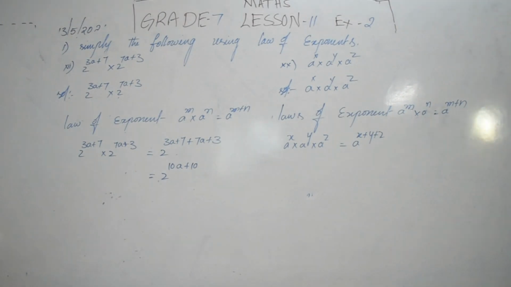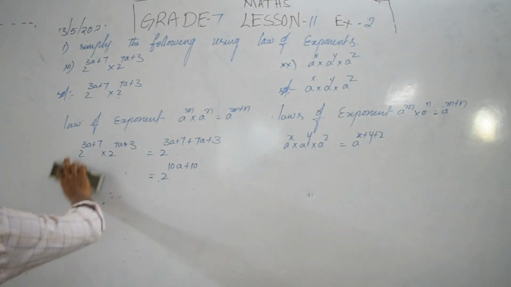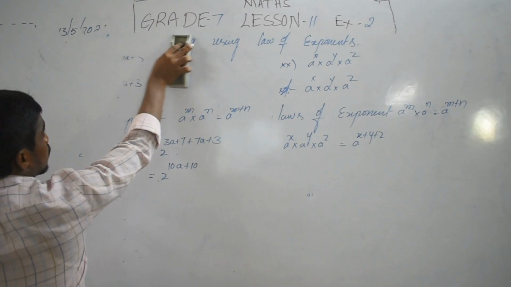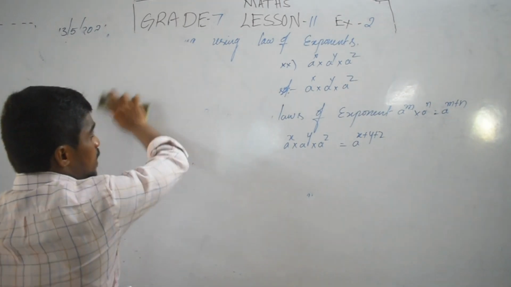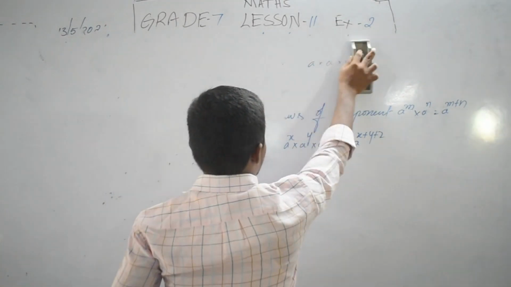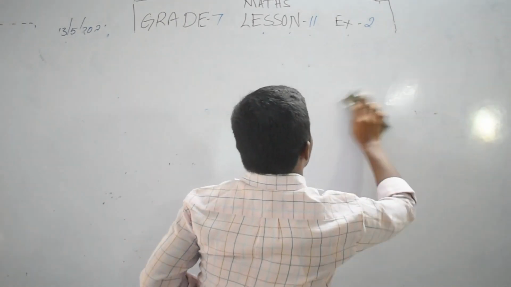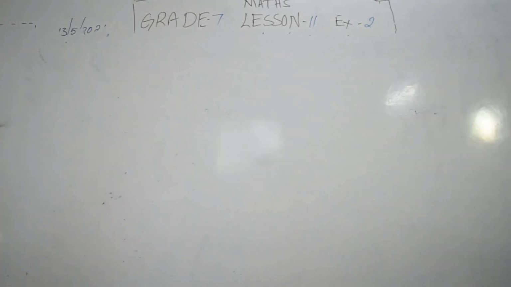Next one, they are asking the second one. I said 7 or 8 problems, and the remaining 13 problems are homework. The second problem and the last problem, the remaining 4 problems, we are discussing.